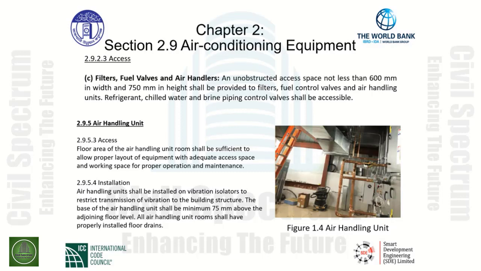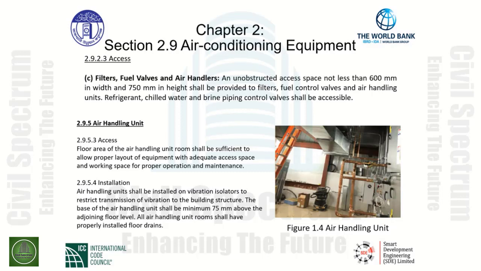As can be seen to the right, we have an air handling unit, and there is plenty of space for servicing of all parts of the air handler, and this allows proper layout of the equipment and the appliances for servicing, maintenance, and replacement of the equipment and appliances that make up the air handling unit.